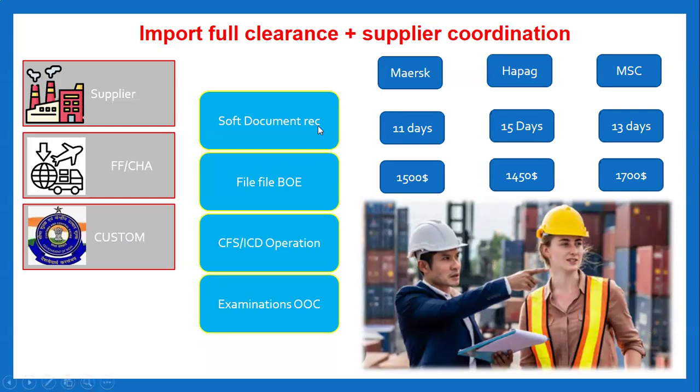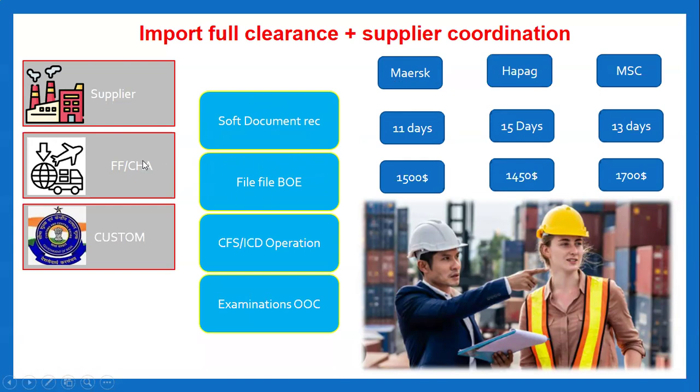So what is the procedure? Once the documents are received, we will submit these documents to our CHA and freight forwarder at the import customs clearance port. He will file the bill of entry, and the shipping line files the IGM, and the bill of entry is generated. In the process of bill of entry filing, we need to check the bill of entry details.